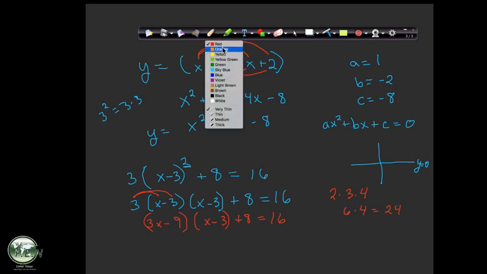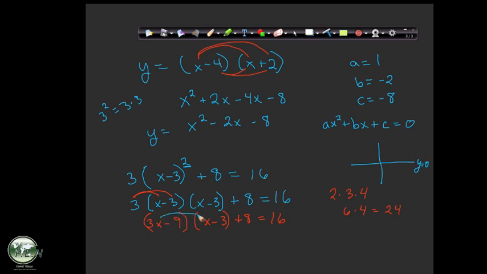Switch back over to blue. Okay, so then we take 3x times x, 3x squared. 3x times negative 3, negative 9x.